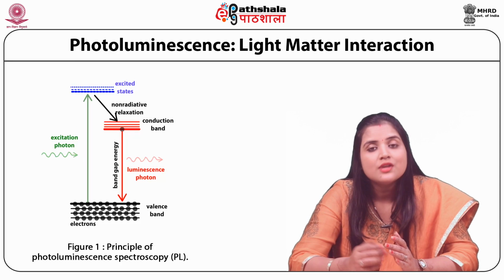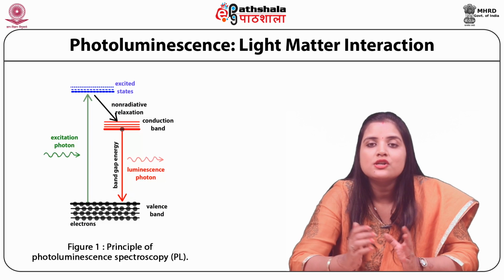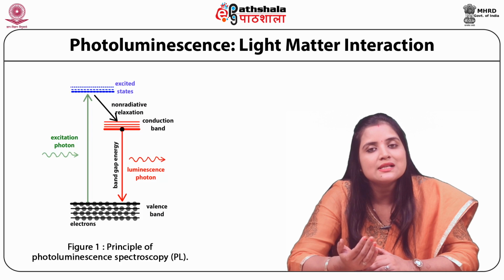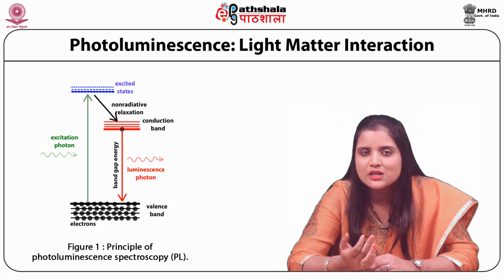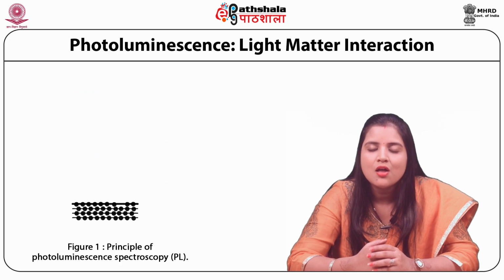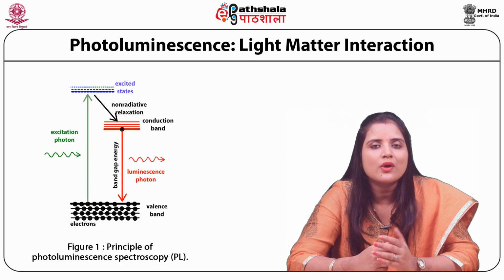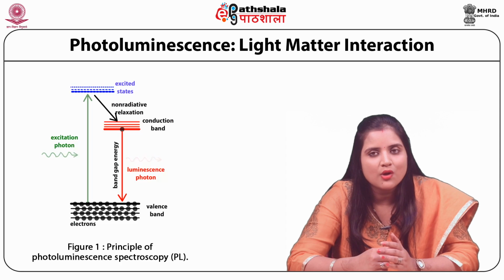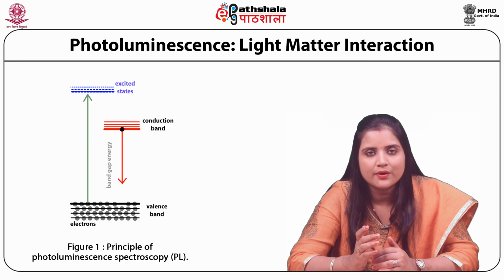When light strikes a sample, it gets absorbed by imparting its excess energy to the material by the phenomenon known as photoexcitation. This photoexcitation process is shown in the figure.